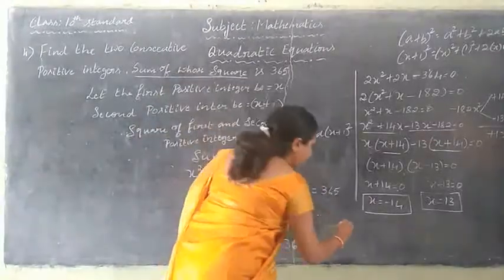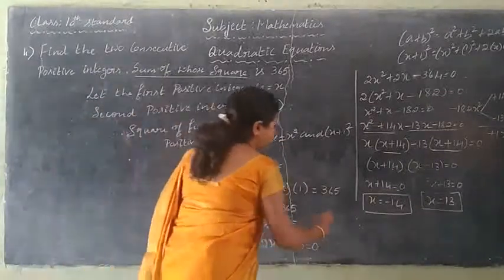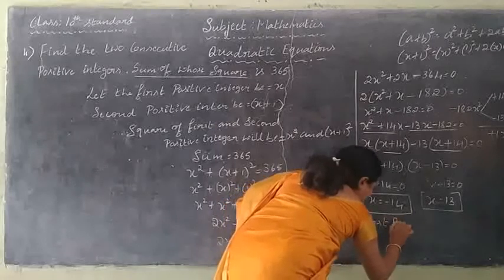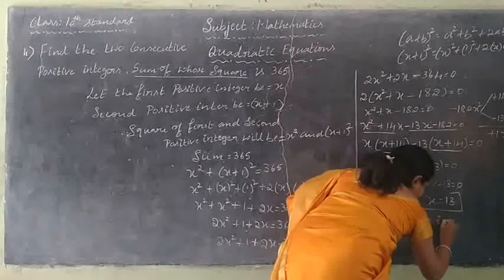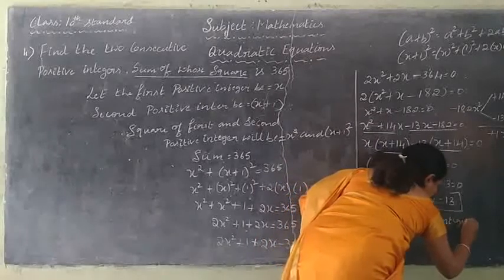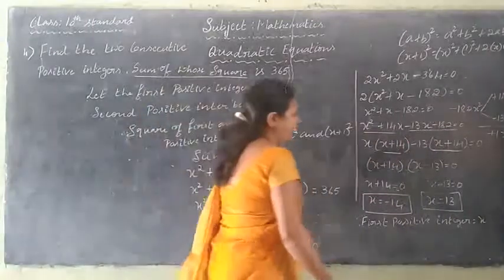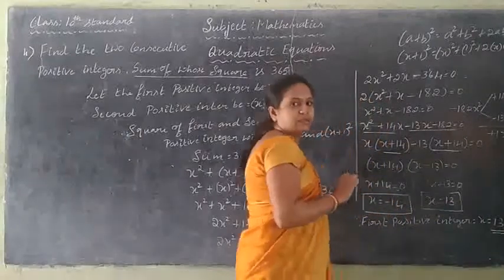Right. Therefore, the first positive integer, that we have taken as x, isn't it? So it will be 13. So first positive integer will be 13.